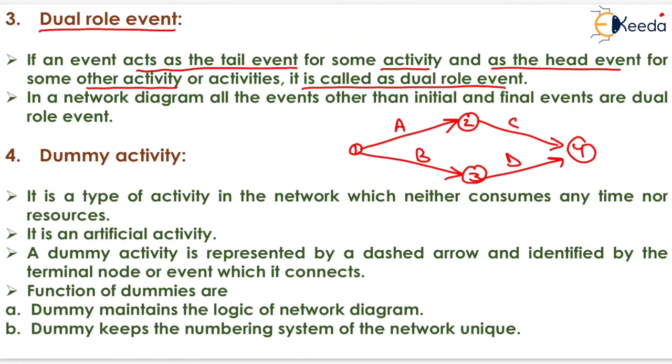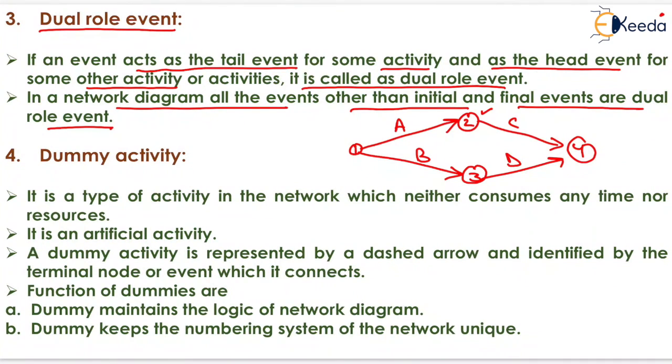Here, event 2 is the head event for activity A and it is the tail event for activity C. So, it is known as a dual role event. In a network diagram, all the events other than the initial and final events are dual role events. It means that in a particular network, all the events except the initial and final events are known as dual role events.